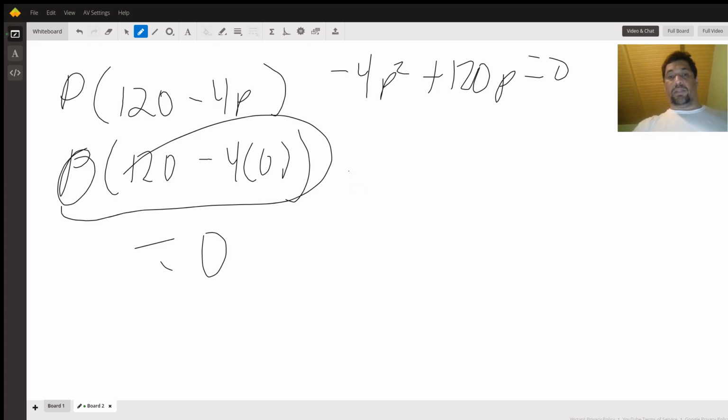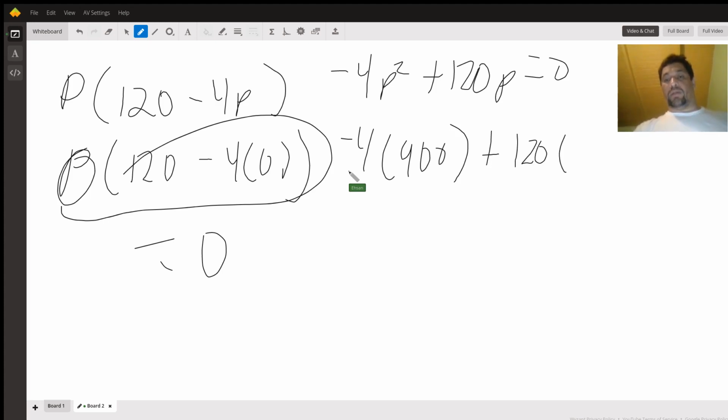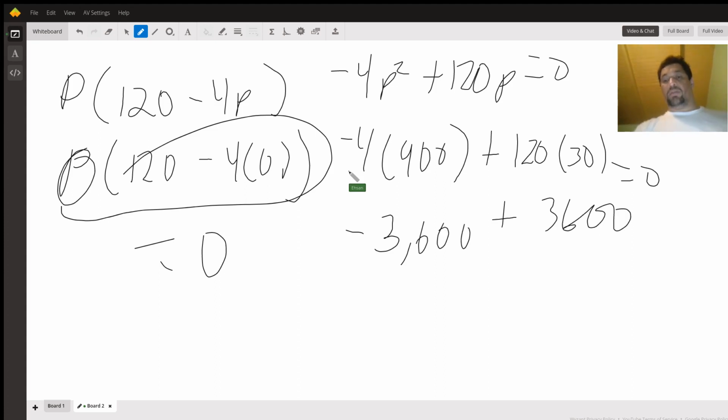We'll use 30 in this case. 30 squared is 900, so negative 4 times 900 is negative 3600, plus 120 times 30, which is 3600. The 3600 cancels out the negative 3600, and it equals 0.